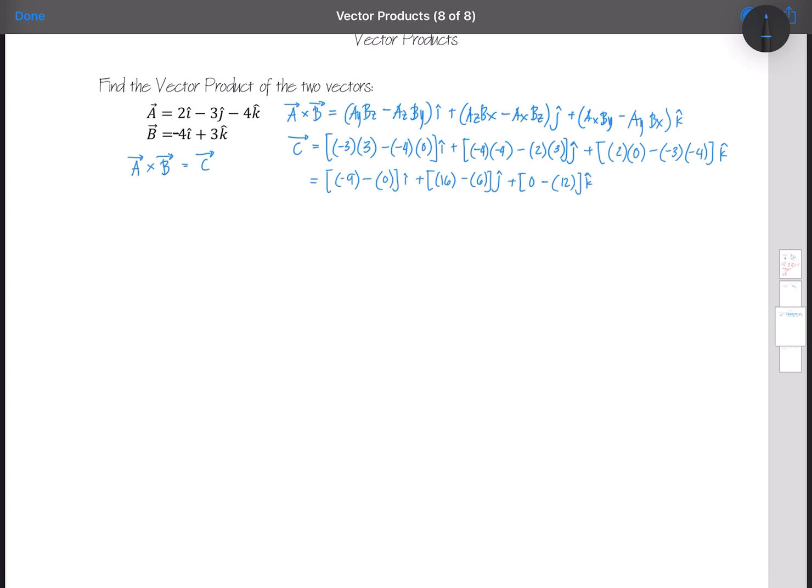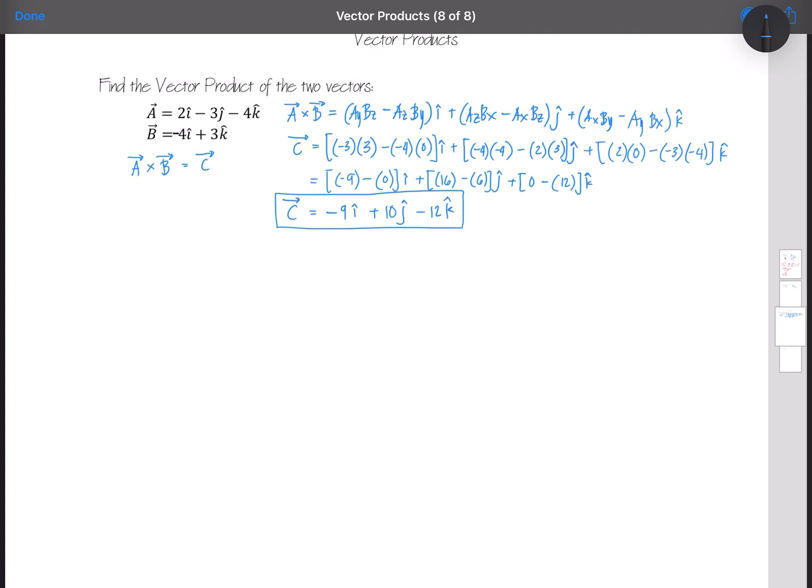We can now simplify that. Vector C is now equal to negative 9 i hat plus 10 j hat minus 12 k hat. This is now our answer for vector C. This actually contains already our magnitude and the direction.